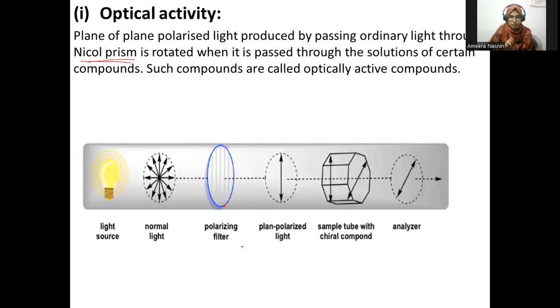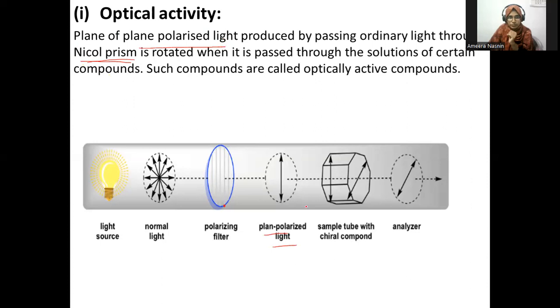Nickel prism is the polarizing filter, and this will turn this normal light into a plane polarized light in which there is vibration in only one plane. Okay, this is our plane polarized light. So ordinary light is passed through a nickel prism, and we got a plane polarized light.